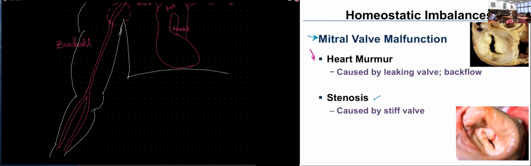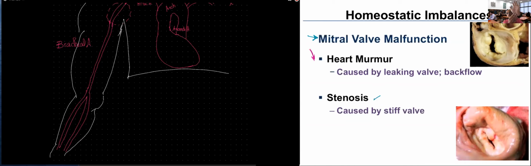Remember, what are the two bones of the forearm? Radius and ulna, right? So which one was lateral, and which one was medial? Which one was on the same side as the thumb? The radius is lateral.